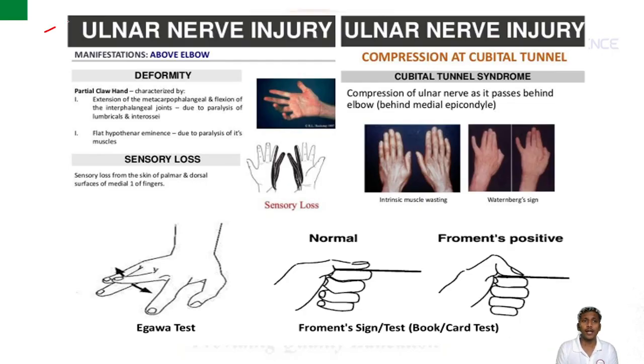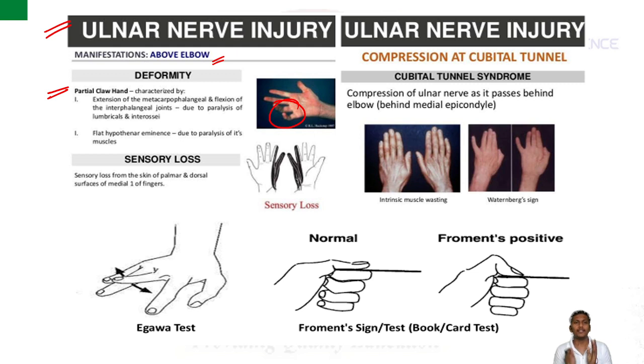Now if we look into the ulnar nerve injury, if there is any injury to the ulnar nerve above the level of elbow, it would lead to a partial claw hand. Why is a partial claw hand seen? Please remember, as we saw, the third and the fourth lumbricals are innervated by the ulnar nerve, and as they would be injured, there would be inability to flex the interphalangeal joint and inability to extend the metacarpophalangeal joint.